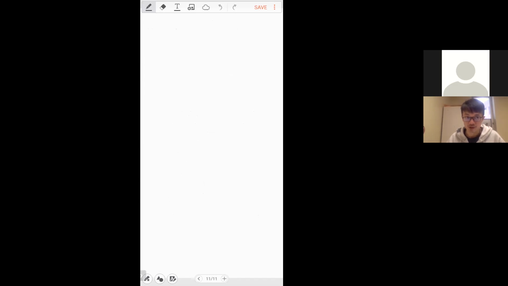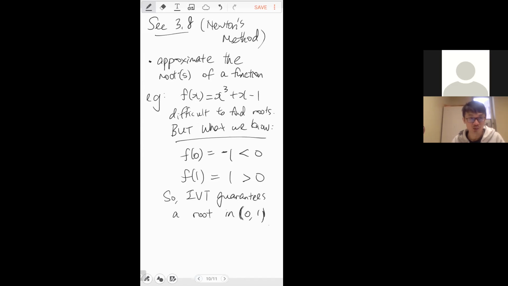So I'm saying that what we know about this function is when you plug in 0, you get -1. When you plug in 1, you get 1. So one of them is negative, the other one is positive.